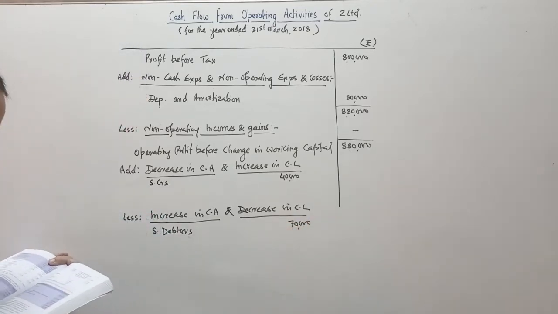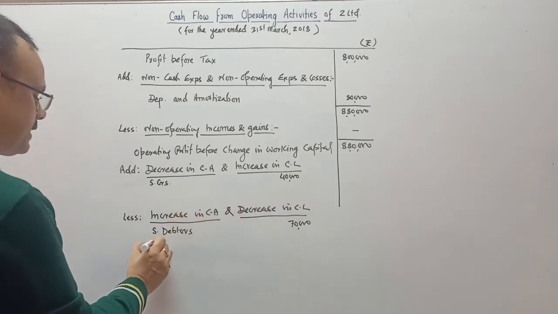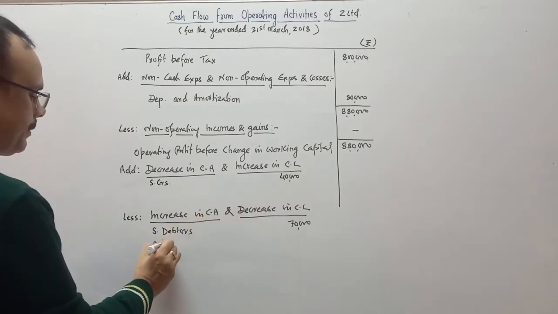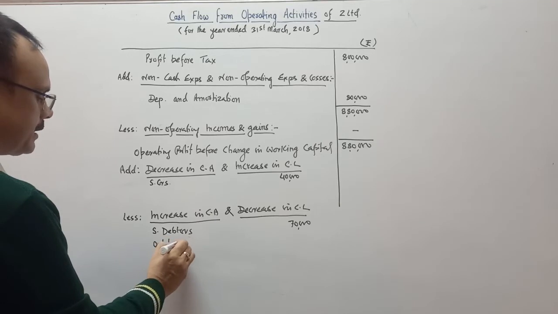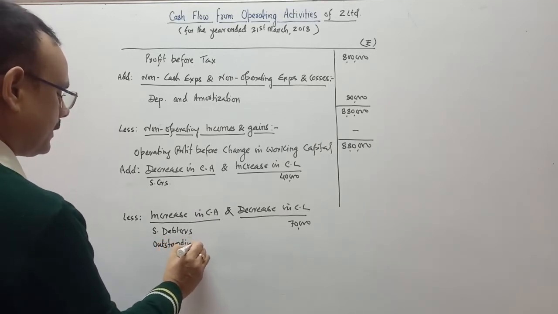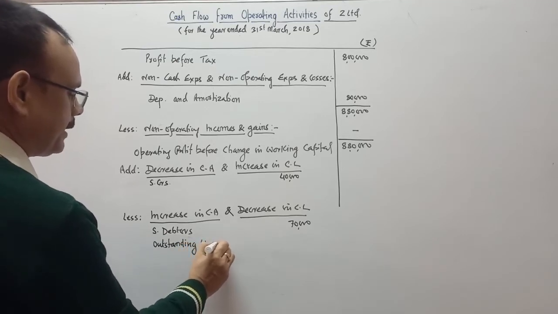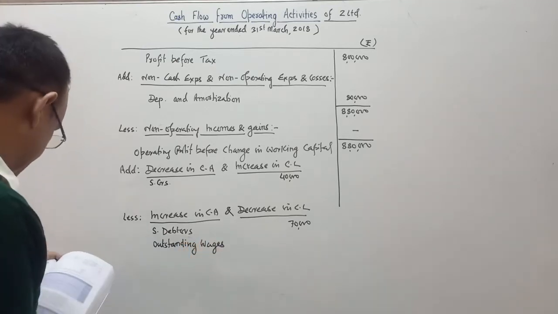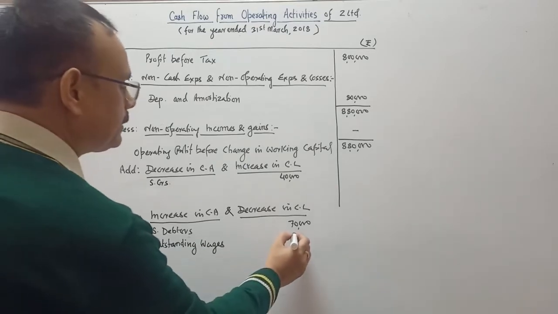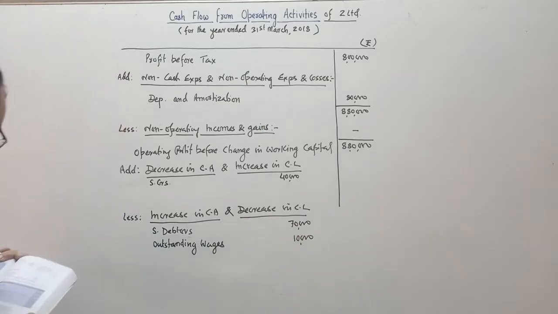Next is outstanding wages decrease. Outstanding wages is a current liability, and it is decreasing by 10,000. Next is bills receivable decrease.